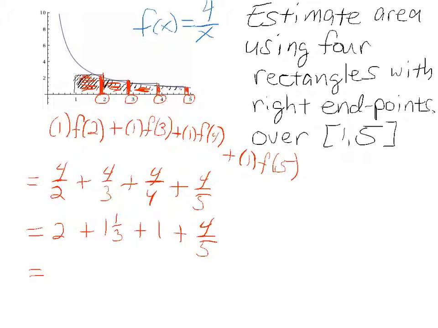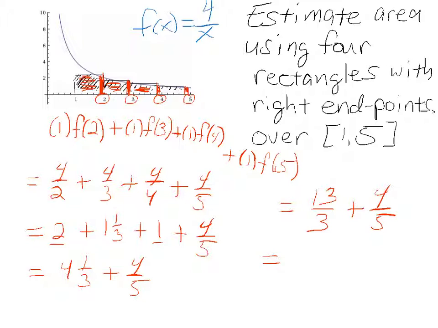So now we just simplify this. We have 2 plus 1 is 3, plus 1 1/3 is 4 1/3, plus 4 fifths. Okay, and we just keep going. So we have 13 over 3, since 4 1/3 is 13 over 3, plus 4 fifths.